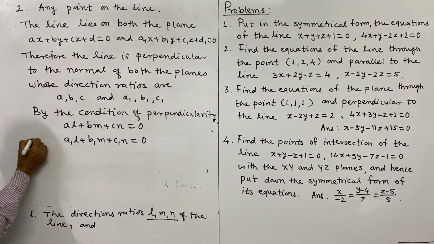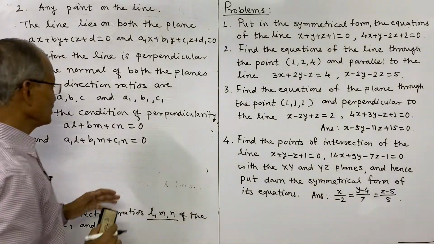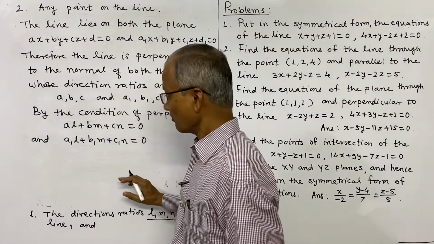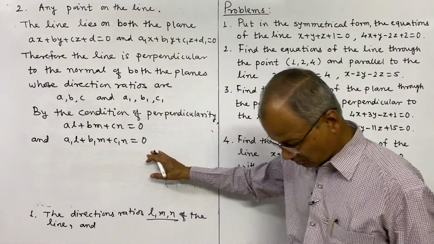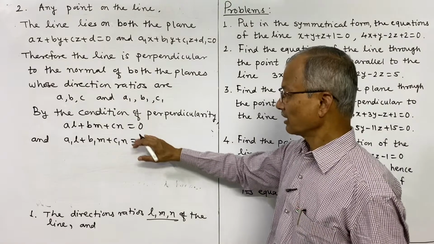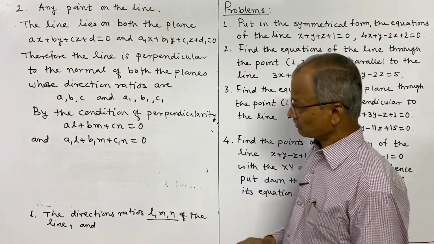So we have this, and the line is perpendicular not only to the first normal but to both the normals of the planes, and therefore we have these two relations.